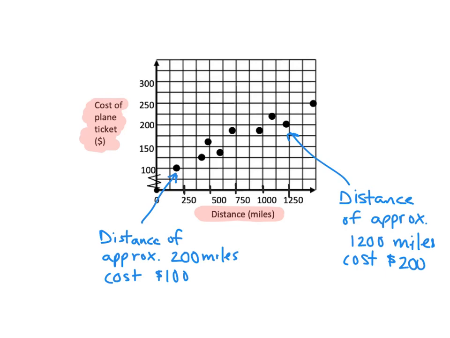And each of these dots represents a different ticket. So they're showing us 1, 2, 3, 4, 5, 6, 7, 8, 9 tickets. So they collected 9 pieces of data and they graphed them. And we're going to see if there's a relationship between how far you go and the cost of a ticket. So each of these dots represents a different ticket. And I kind of explained 2 of these dots and what they mean.